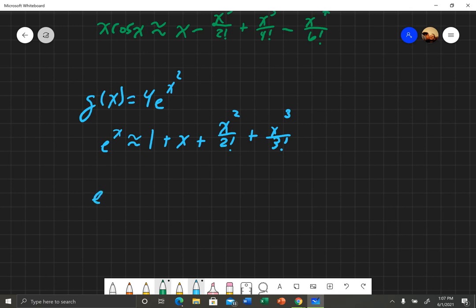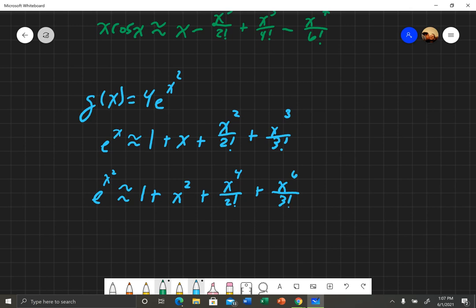So e to the x squared is equal to 1 plus x squared plus, now remember, x squared squared, that's going to be x to the 4th over 2 factorial plus x cubed squared. Remember your rules for exponents. This is going to be x to the 6th over 3 factorial.